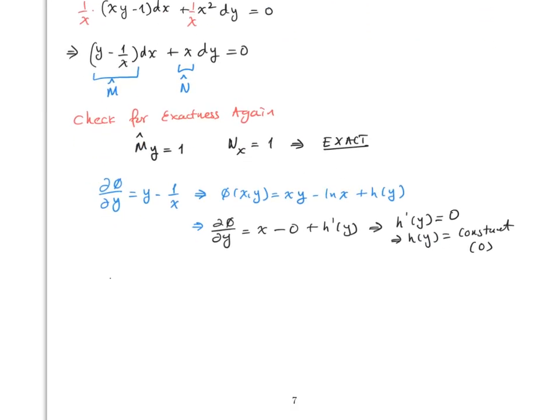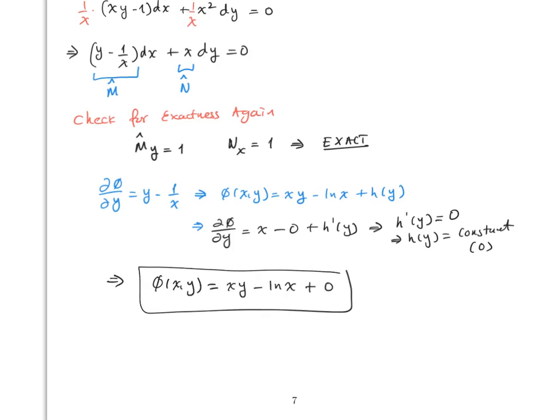And therefore, the solution for phi of x, y is equal to xy minus ln x plus 0. And that's it, this is the answer.